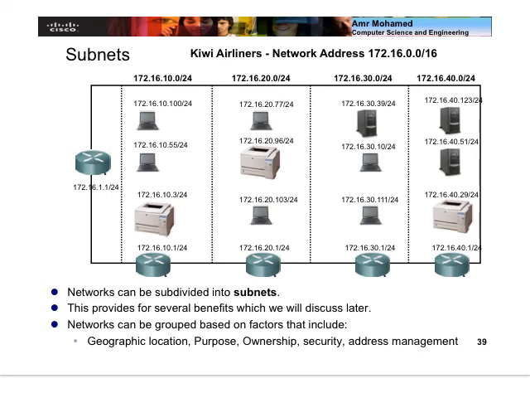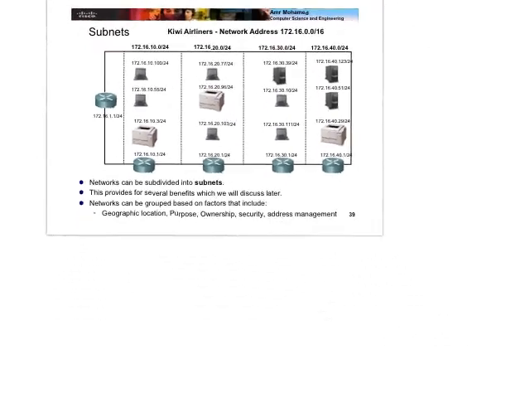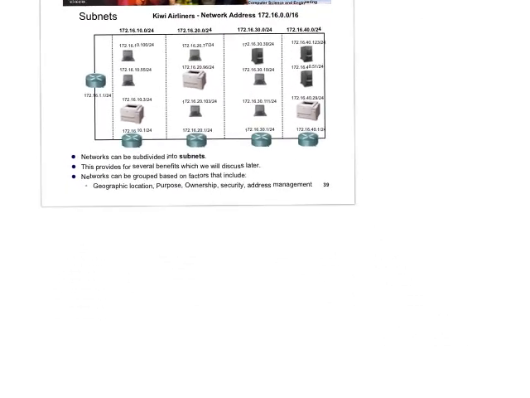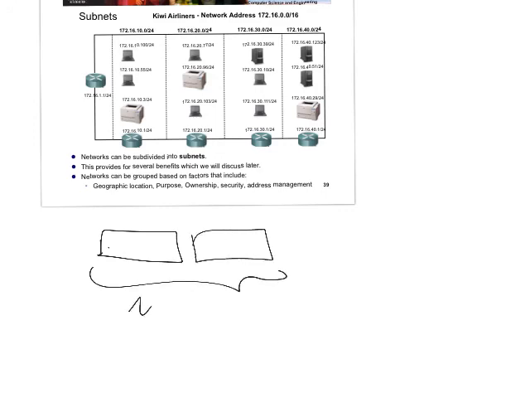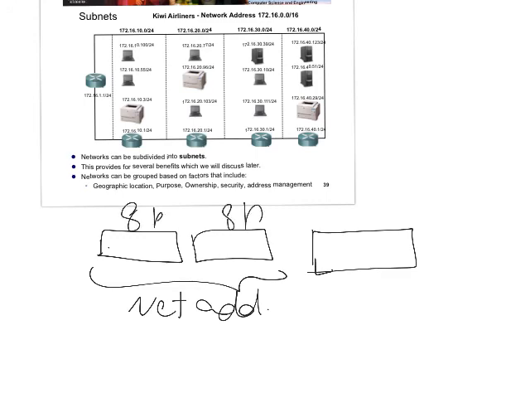So in that case, you have the first byte and the second byte. These are the network address. And then the third part, which is another 8 bits. This is 8 bits, this is 8 bits, and this is 8 bits. So these 8 bits will allow you to subdivide your network into 255 subnetworks.